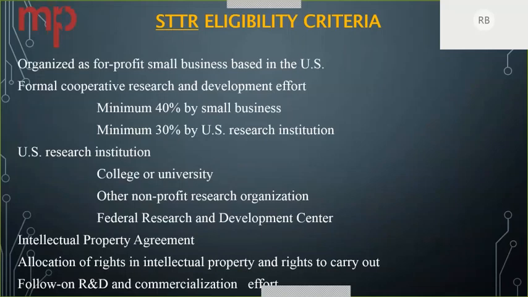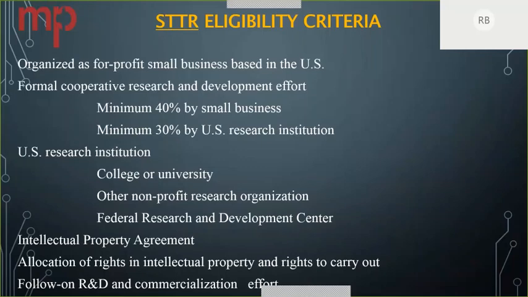STTR eligibility. Touched a little bit on that when I talked about centrifuges and wind tunnels. But it's organized as for-profit small businesses based in the U.S. So you still have to be a for-profit company.